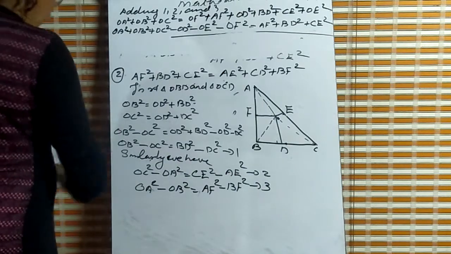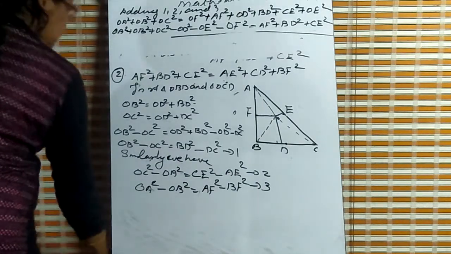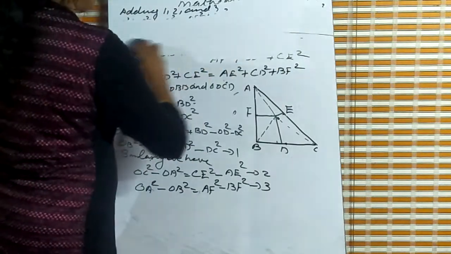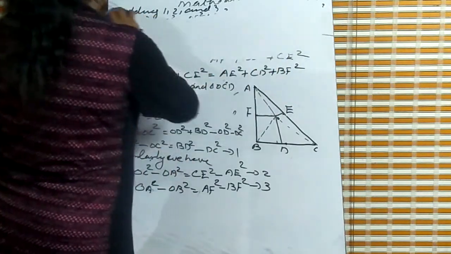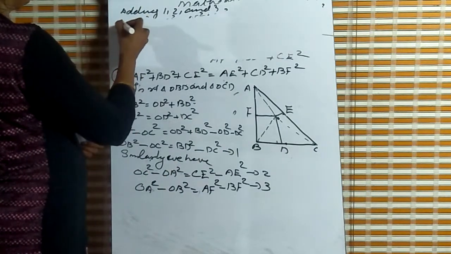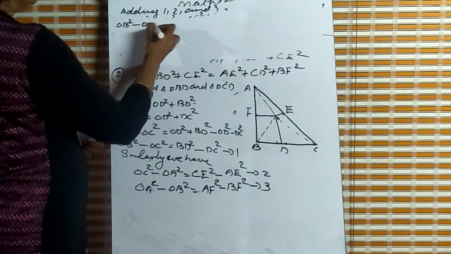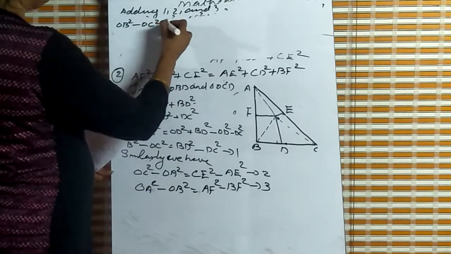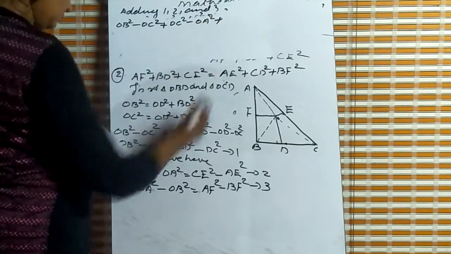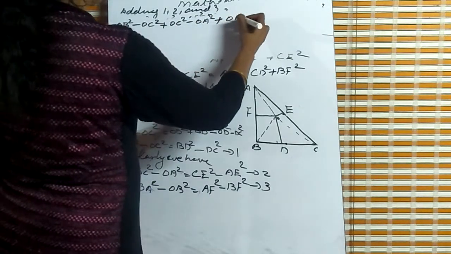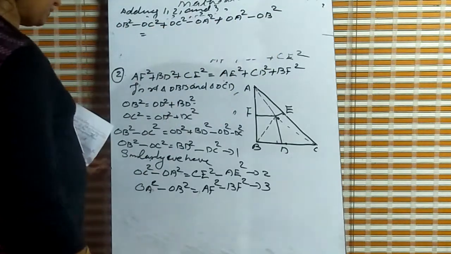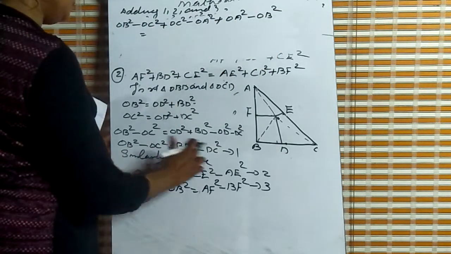Then adding 1, 2 and 3. What is the left side? Left side: OB square minus OC square plus OC square minus OA square plus OA square minus OB square. Then what is its right side?